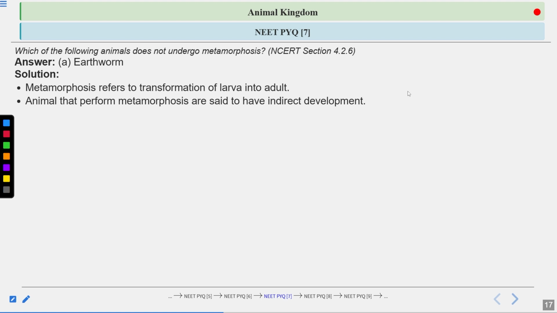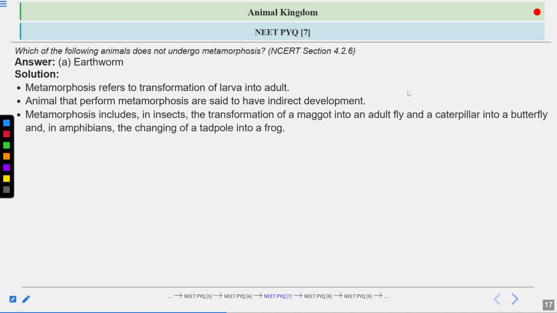Indirect development means there is a formation of a larval stage, and this larva slowly transforms into the adult organism. Metamorphosis includes, in insects, the transformation of a maggot into an adult fly and a caterpillar into a butterfly, and in amphibians the change of a tadpole into a frog.